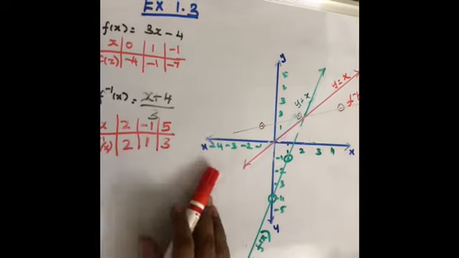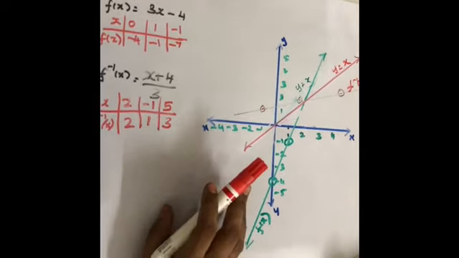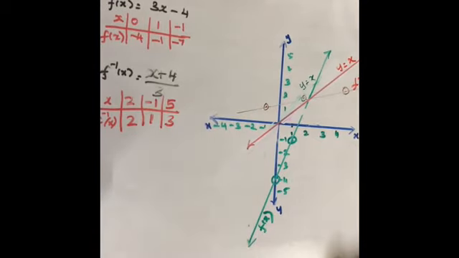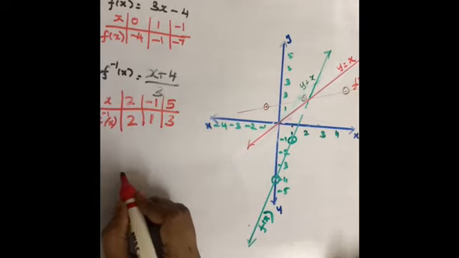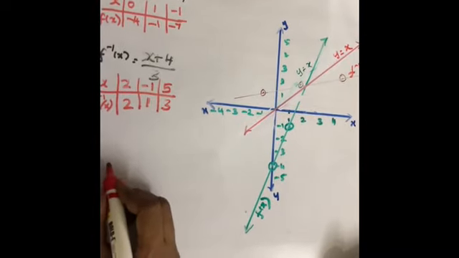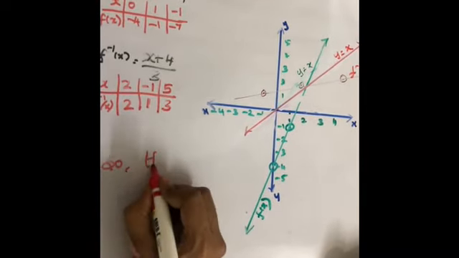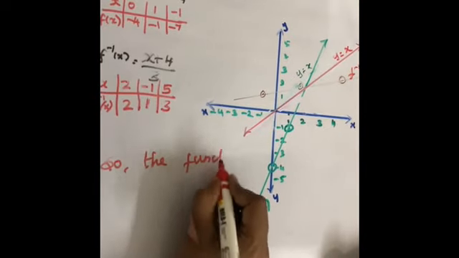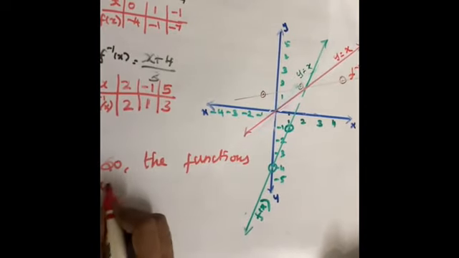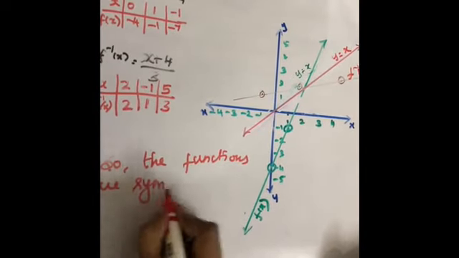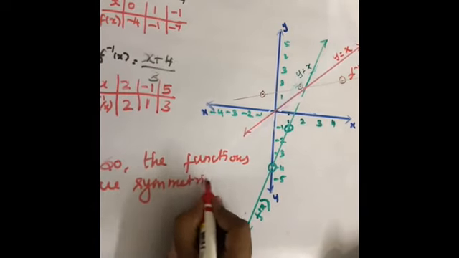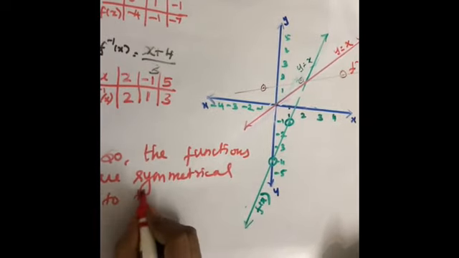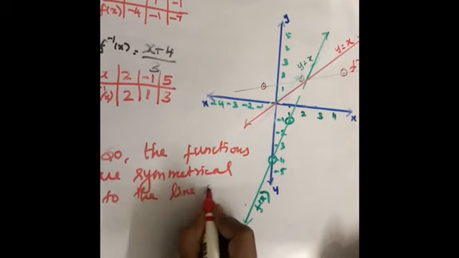So you have to draw this graph also and then you have to explain it. Okay, so we have to conclude that the functions are symmetrical to the line y is equal to x.